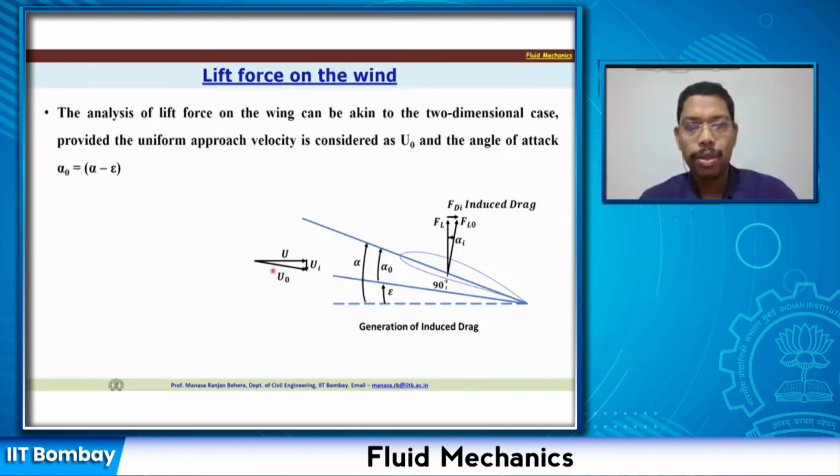Now the movement of the wind has an angle of epsilon, and the angle of the airfoil is alpha. So the effective angle, that is actually the angle of attack, is alpha 0, and that is the difference between alpha and epsilon. So alpha 0, the angle of attack, is nothing but alpha minus epsilon.